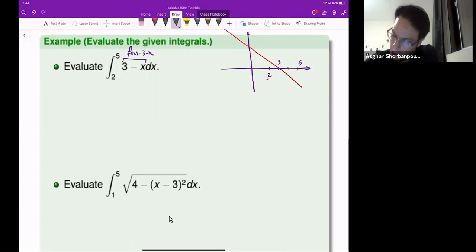Now, we are looking for integral of the function 3 minus x from 2 to 5. As you see, the regions between the graph of this function and x-axis, it has 2 parts, one here and one here. The small triangle is above x-axis.